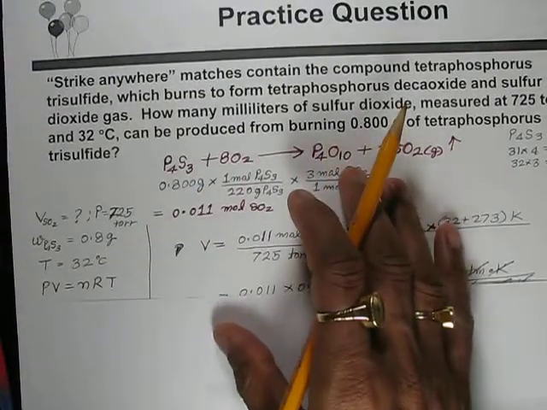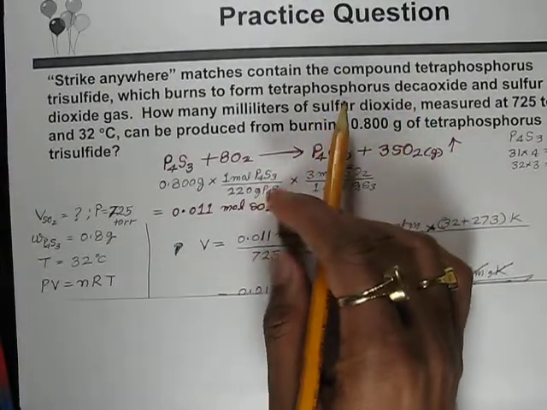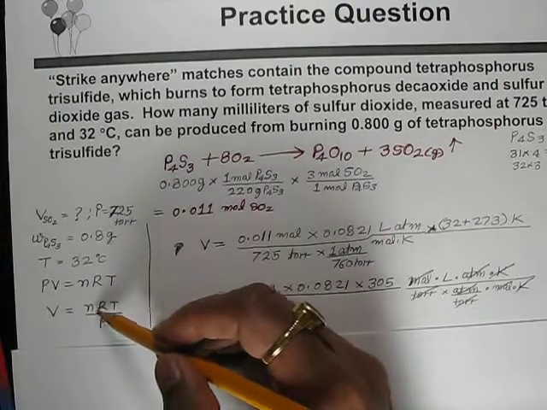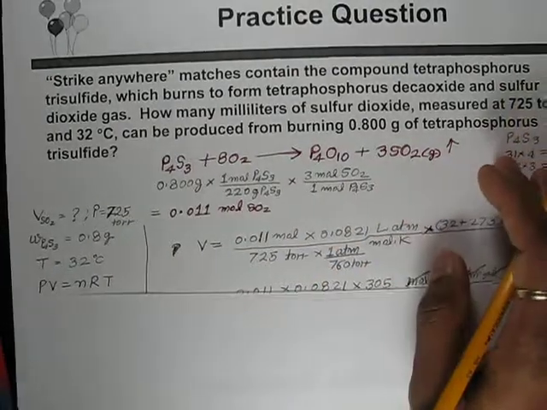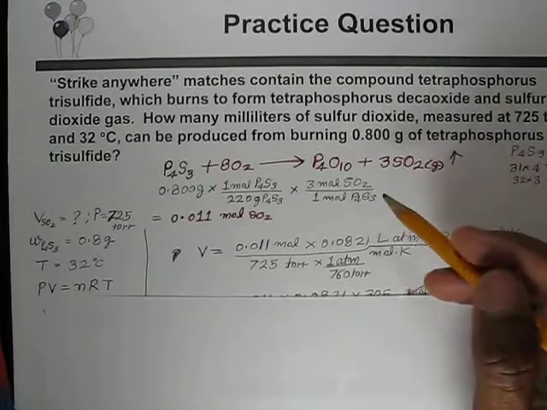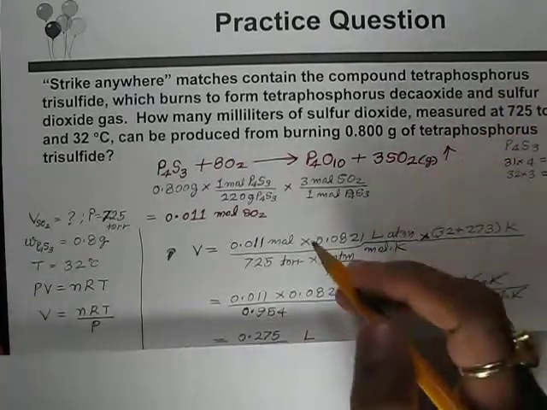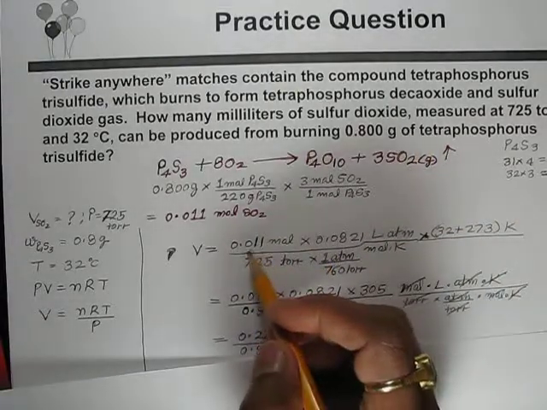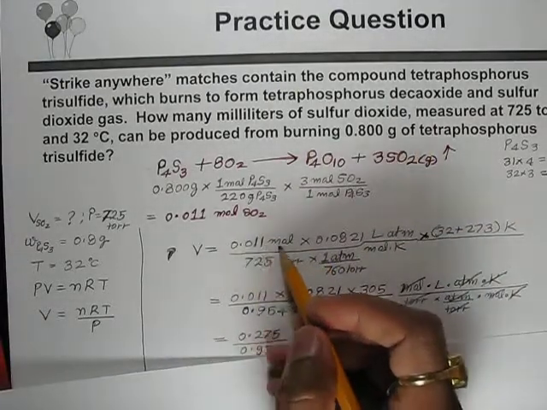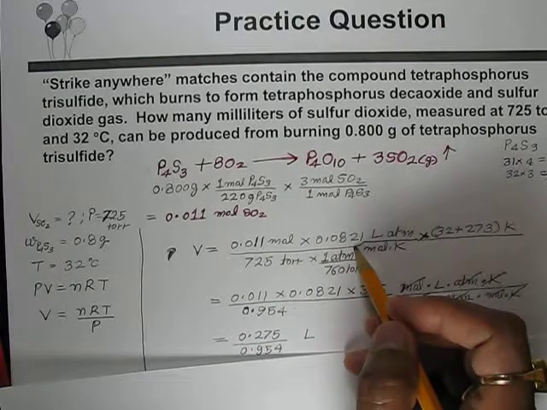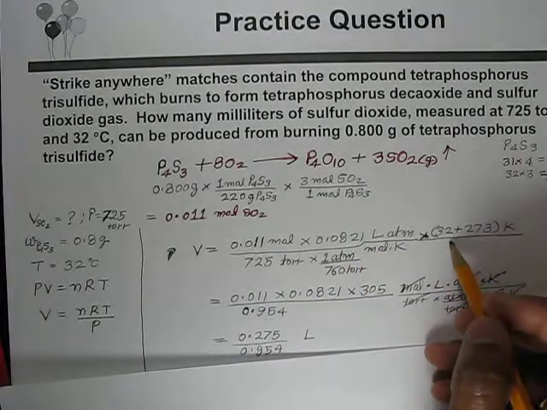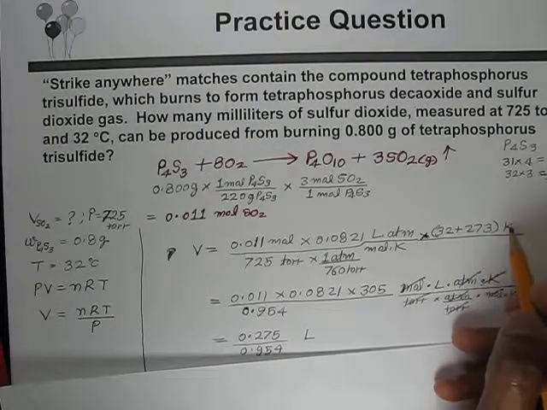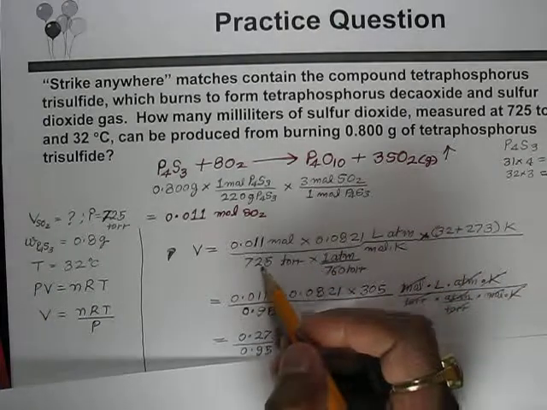So now we can start writing our equation. PV equals nRT, and since they are asking for volume, volume will be nRT over P, and we can add all these values into the equation. Volume will be 0.011 mole multiplied by the gas constant and 32 degrees Celsius plus 273, which becomes Kelvin.